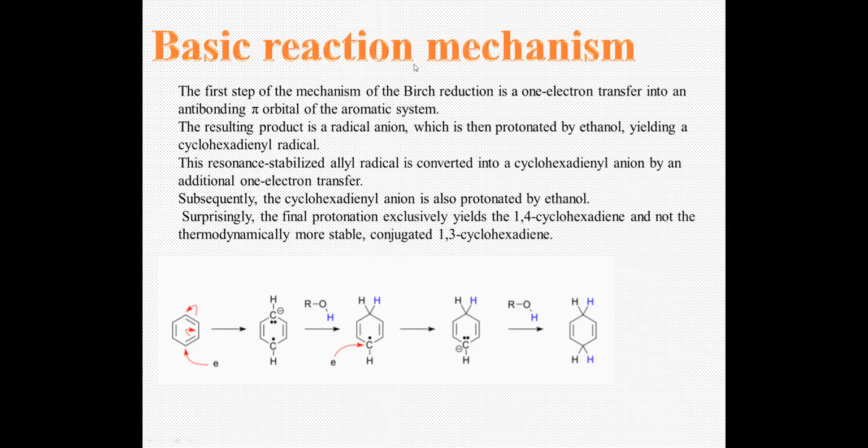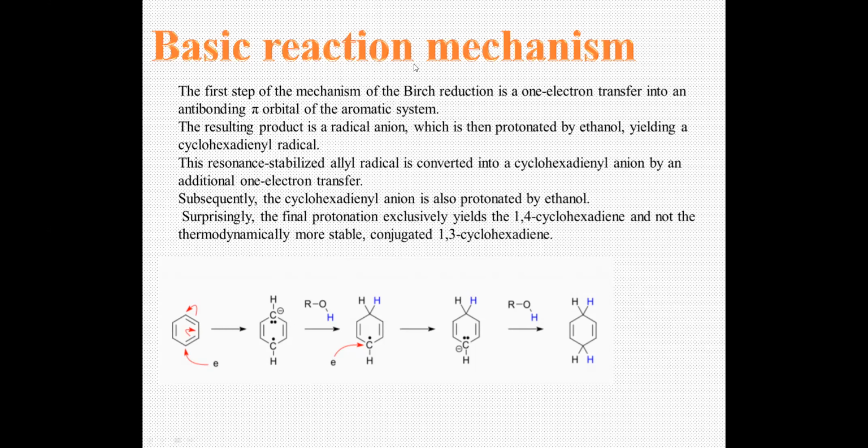So there is a shift of the bond. If you see the red color arrows, there is a shift of the bond. So one electron comes at the first position. The double bond between the first and the second moves to the second and the third, and the bond between the third and the fourth moves to the fourth carbon to form a radical anion.